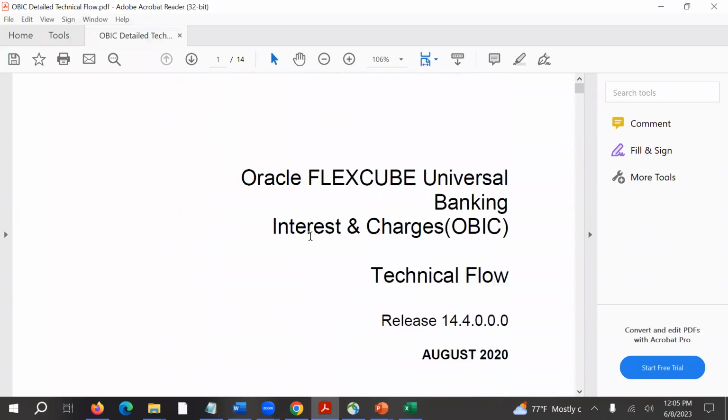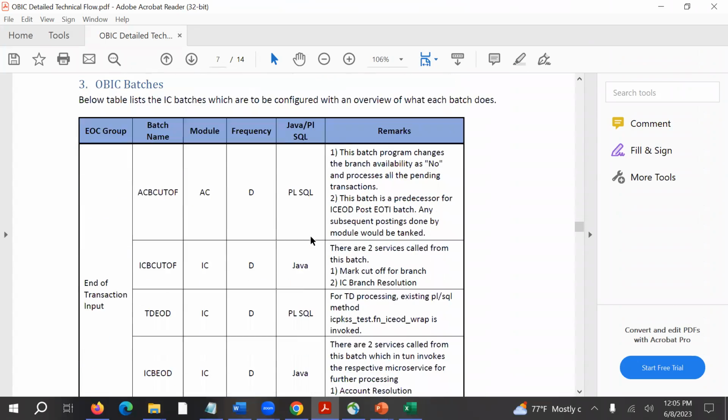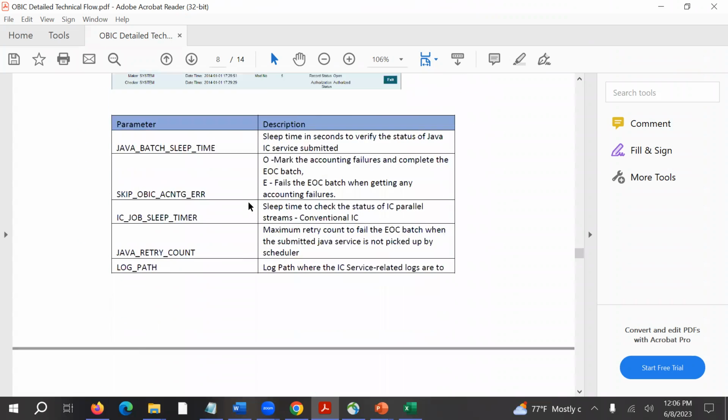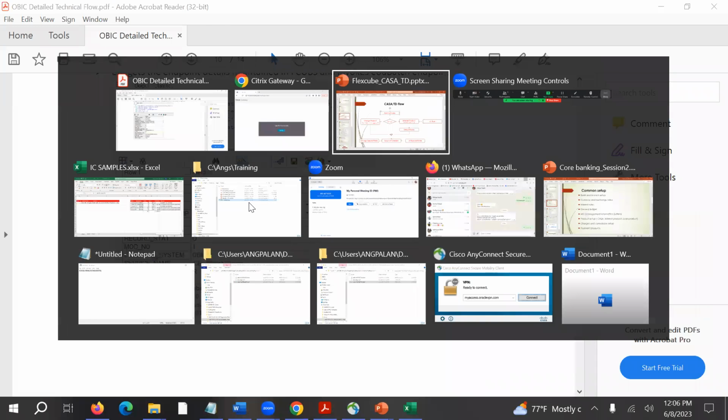Here I don't have access to FlexCube from this one, so okay, not this.